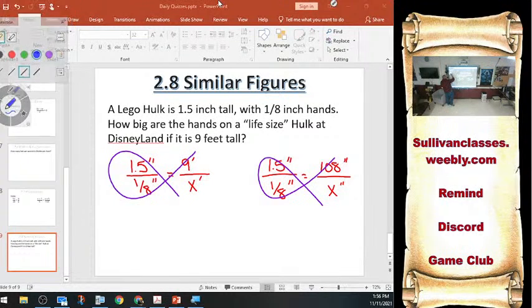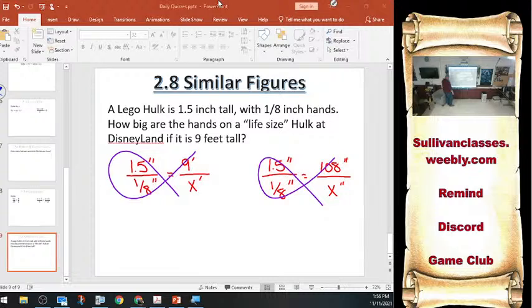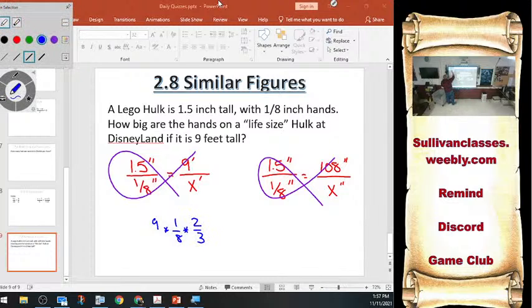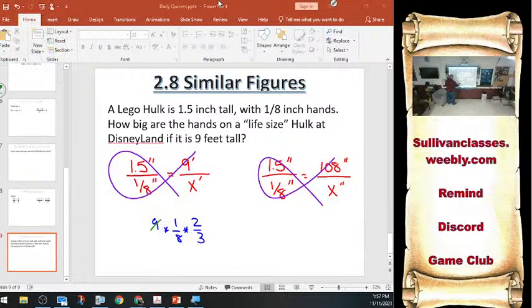So your answer is either going to be, 9 times 1/8 times 1.5 is 3/2. But we divide by that part. We divide by 1.5. Dividing by 1.5 is dividing by 3/2. Dividing by fractions is easy as pie. Flip the second, multiply. So I don't need a calculator for this.